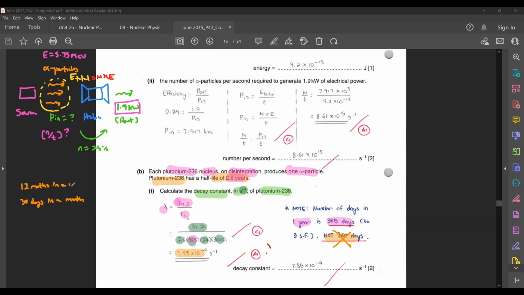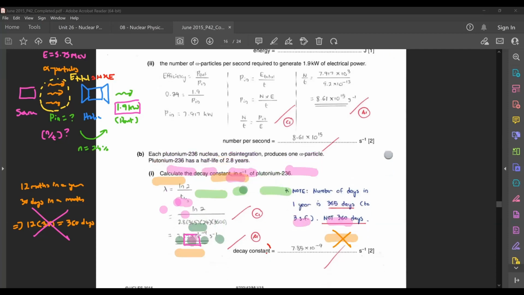So therefore, the number of days in a year is 12 times 30, giving you 360 days. That's the logic of some students in how they arrive to 360 days. If you have used 360 days, this one will not be correct. The examiner will specifically penalize you for that. So just use 365, okay?